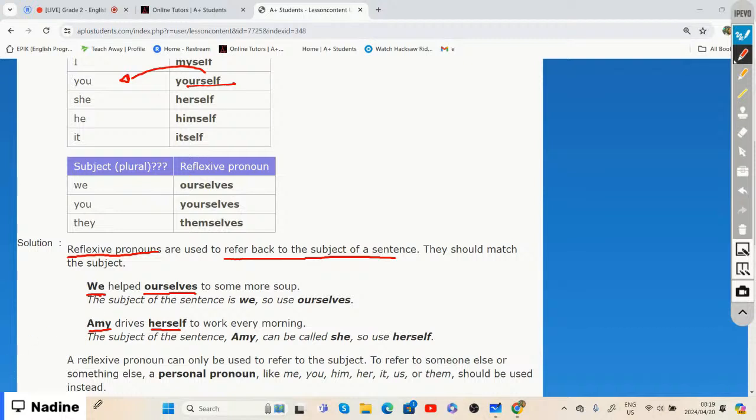She does not get a lift. She does not take a taxi. She is not a passenger. She drives herself to work. So it refers to the subject: she drives herself to work every morning, right?